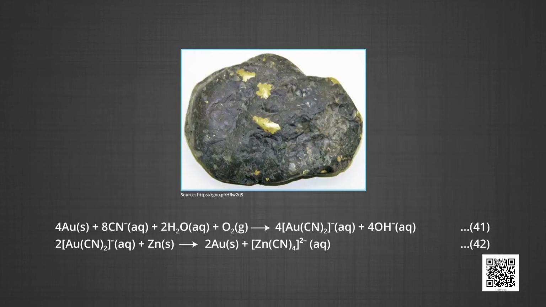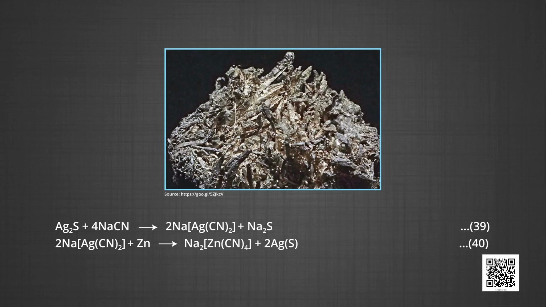In this reaction, zinc acts as a reducing agent. The reaction is: gold combines with cyanide and water in presence of oxygen to form a complex of gold cyanide plus hydroxide ions. The gold cyanide complex reacts with zinc to form gold and tetracyanozincate. Thus, in the same manner, silver is also obtained.